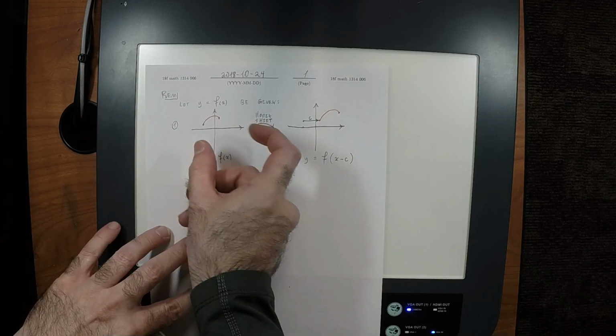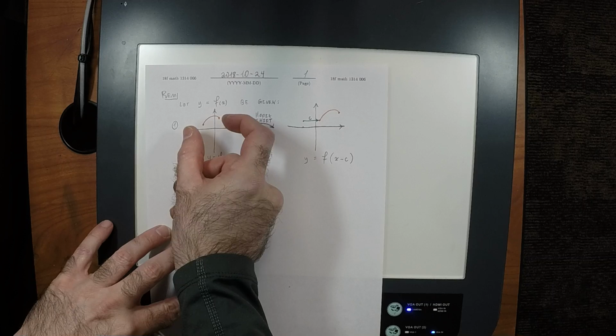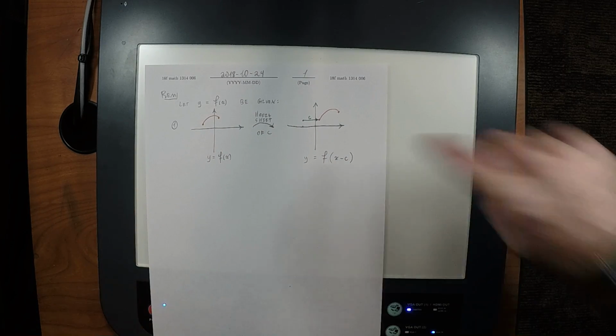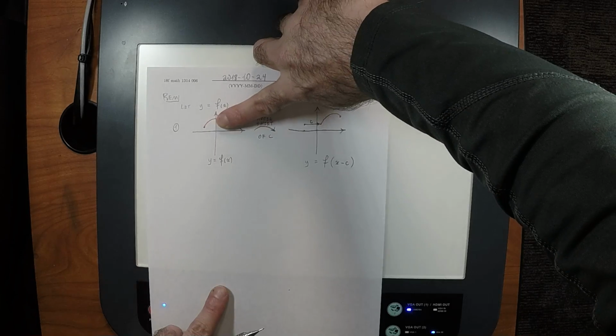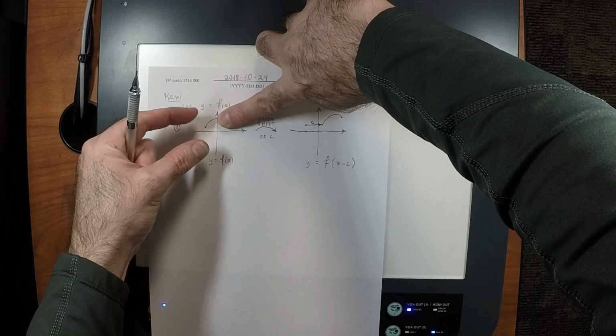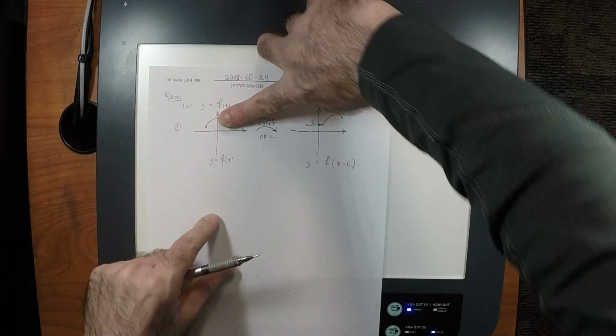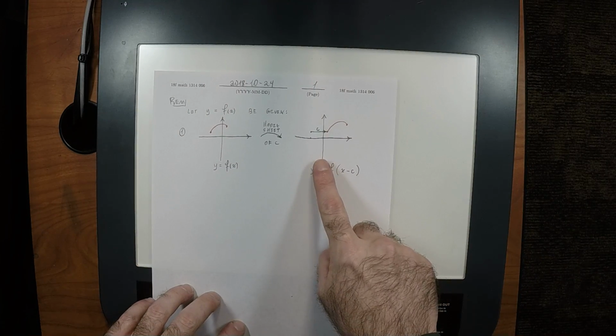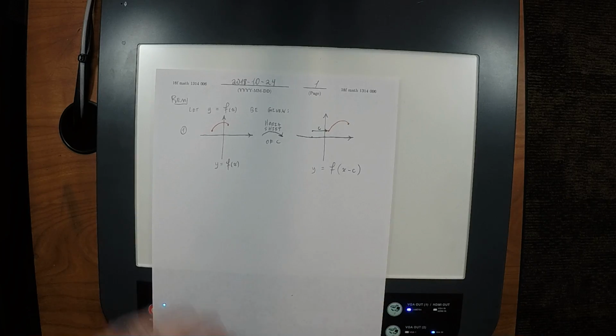Because you could say I'm going to take this red thing, pick it up and move it over there. You could also say, I'm going to pin that red thing down, hold it there, and then grab the axes and pull the axes to the left. If I did that, that's what you would see. That's why it's a subtraction.